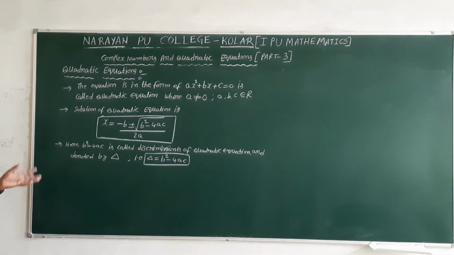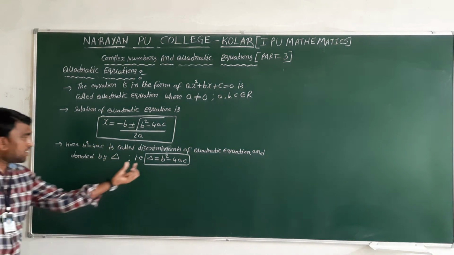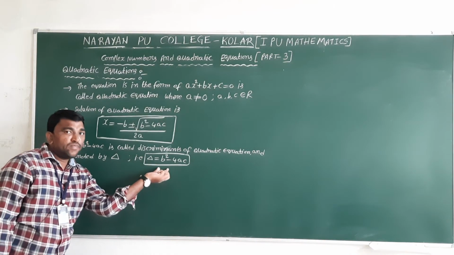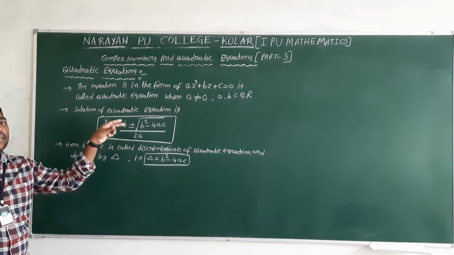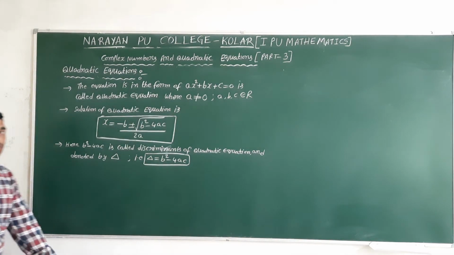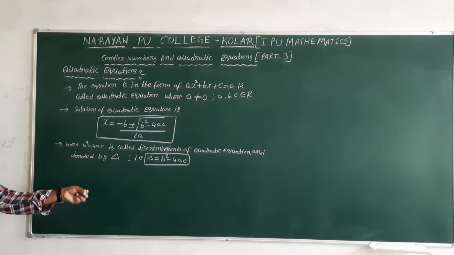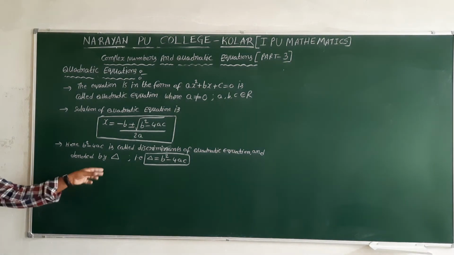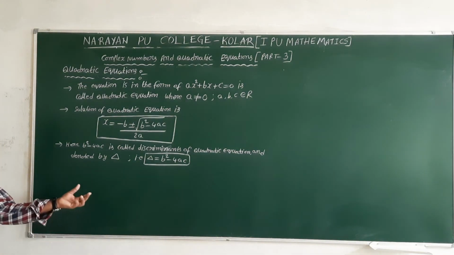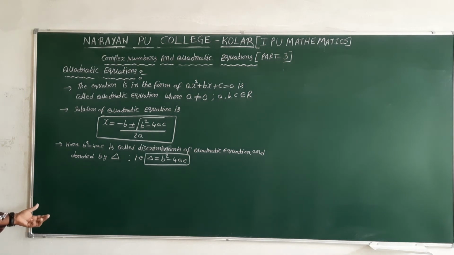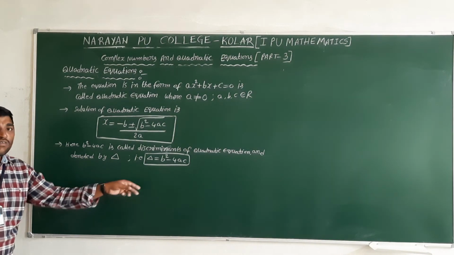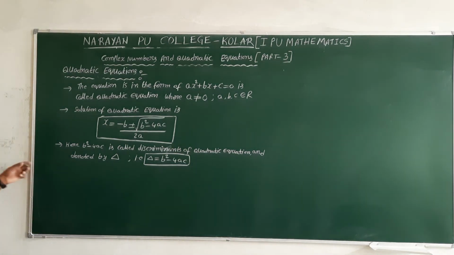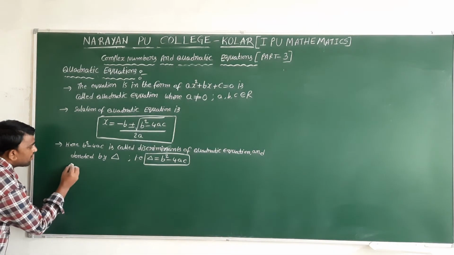After getting the discriminant value, they classified some natures based on delta. Suppose delta is greater than 0, roots are real and distinct. Delta equal to 0, roots are real and equal. Delta value less than 0, roots are imaginary.